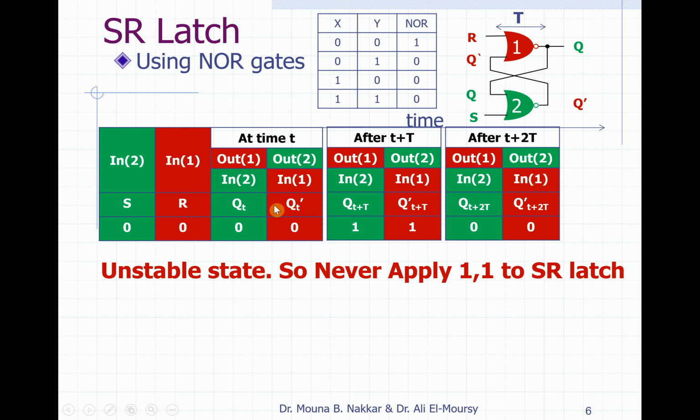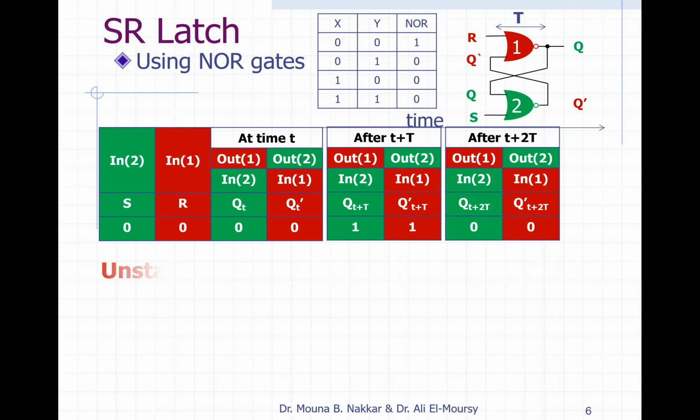One time I read it, I will find it 0. One time I read it, I will find it 1, and it will go like that forever. The circuit starts to oscillate. That's why it is highly recommended never to cause the SR latch to go to this unstable state by never applying the 1-1 in the SR latch. That's why we call it a forbidden case.